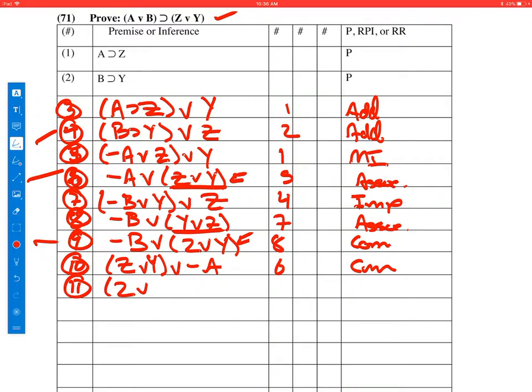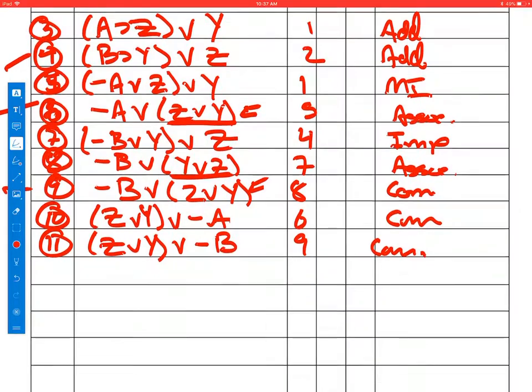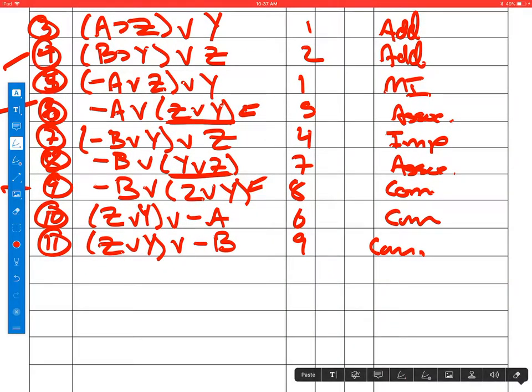And I'm going to do the same thing to 9, so I get Z or, wait, 10 was from 6, and 6 was Z or Y. Oh, and 10. Z or Y or not B. From which one was I working with? That's from 9 by COM. Sorry, I was getting ahead of myself, thinking about the problem and getting myself confused.